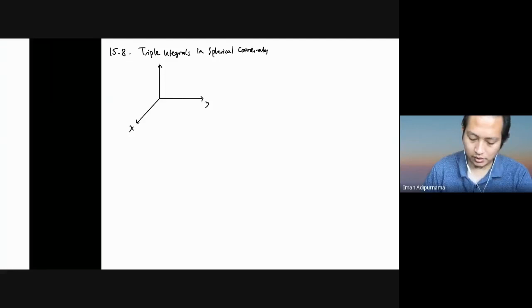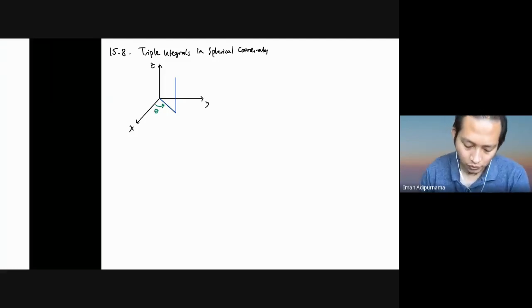So this is x, y, z. And let's say usually we have the polar here, right? The radius, and then we have this, sorry, this is theta, and then the difference from polar is that we have two angles.